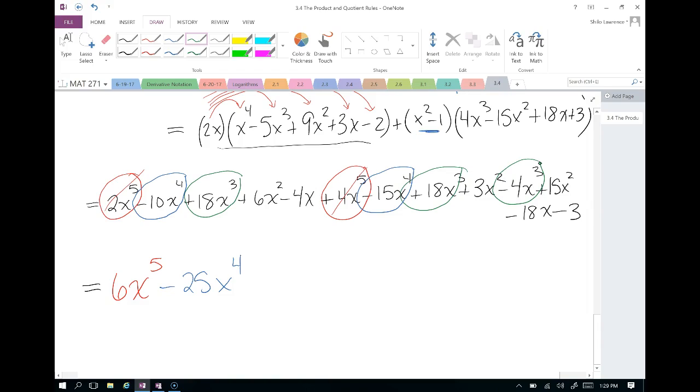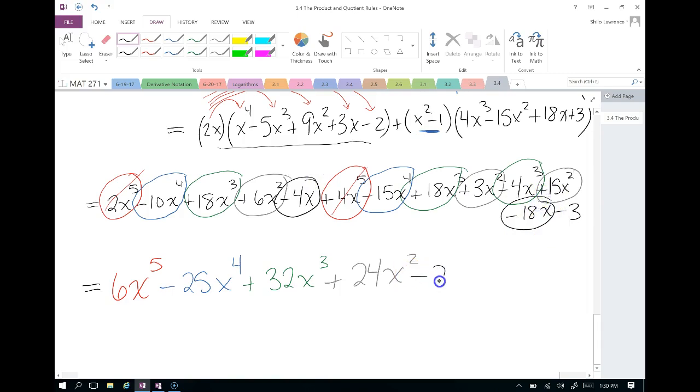That's going to be a plus 32x cubed. And then plus 6x squared plus 3x squared plus 15x squared is a plus 24x squared. And we've got minus 4x minus 18x is a minus 22x. And then we've got our little minus 3 there at the end.